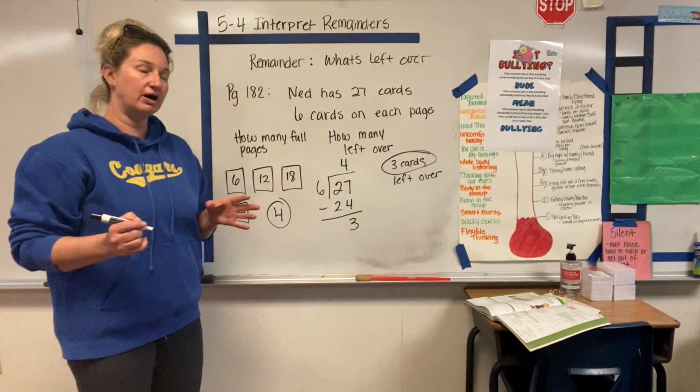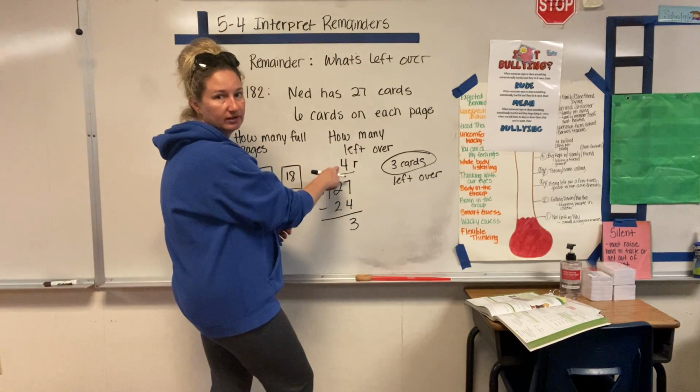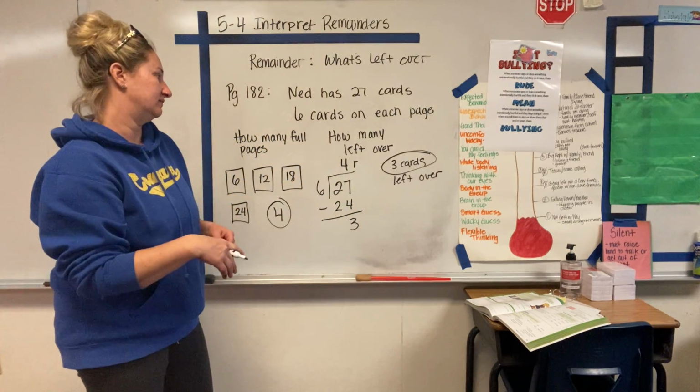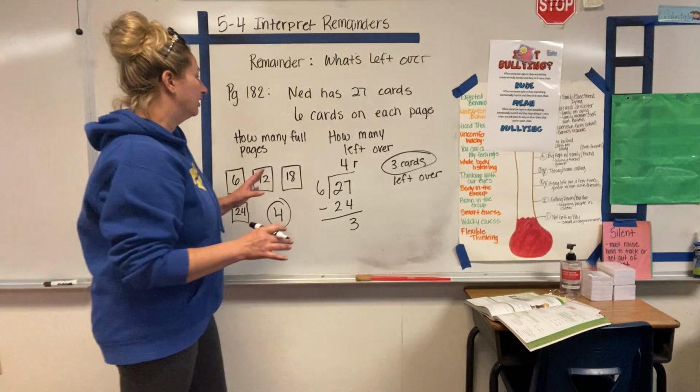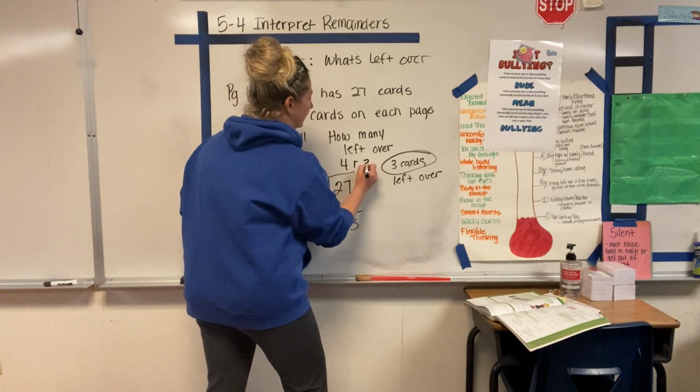So for the leftover part, you're going to write a little r next to the 4. I don't think it matters if it's a lowercase or capital, but an r for remainder, that's what's left over, 3.